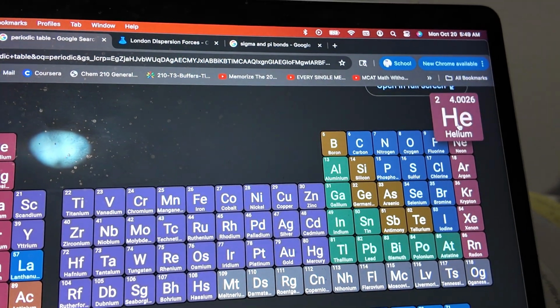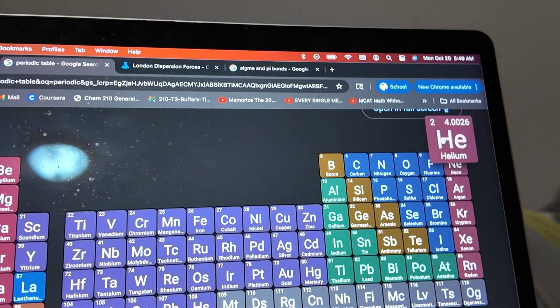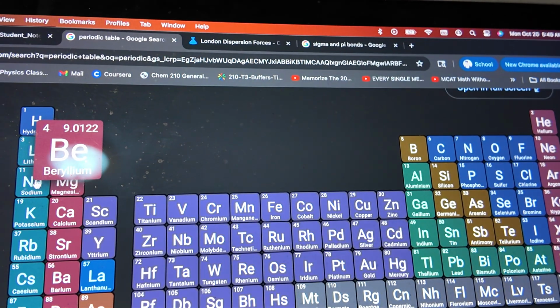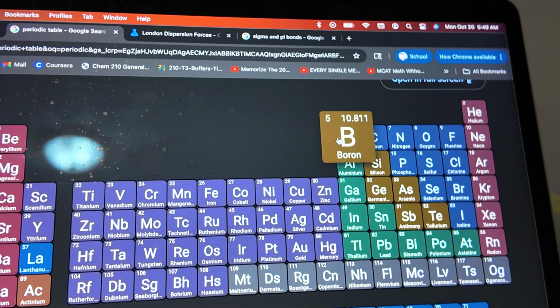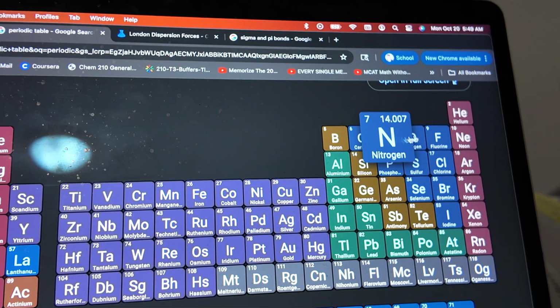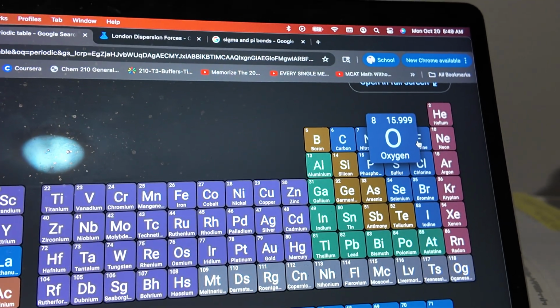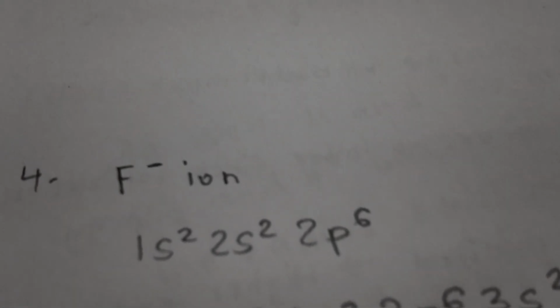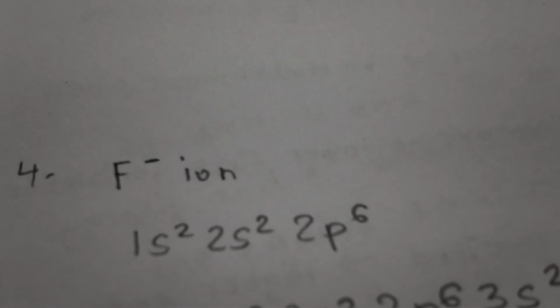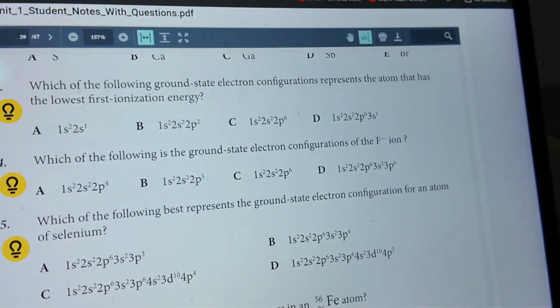So fluorine would be 1s2, then 2s2, and then 2p1, 2, 3, 4, 5. It would be 2p5, and then if we add one more electron, it would just be 2p6. The negative just indicates it has one extra electron. Okay, that wasn't difficult.